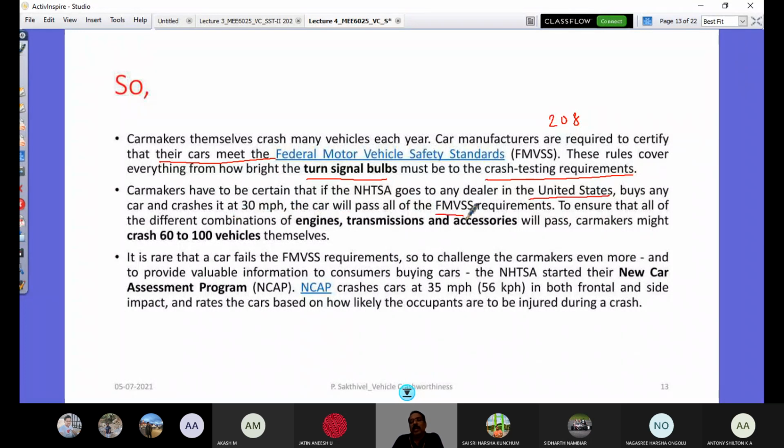All FMVSS requirements means it's not only 208 that we were looking at today. There are many, and we will see them all in our course.